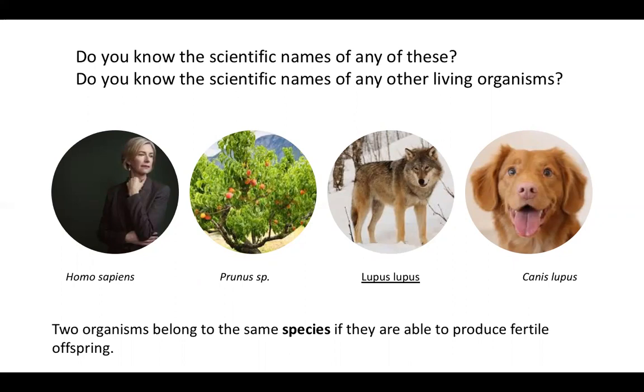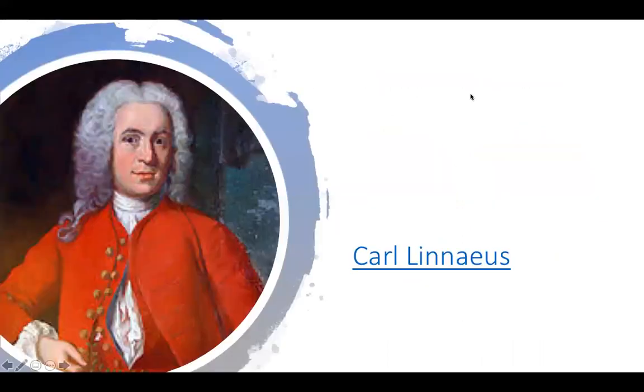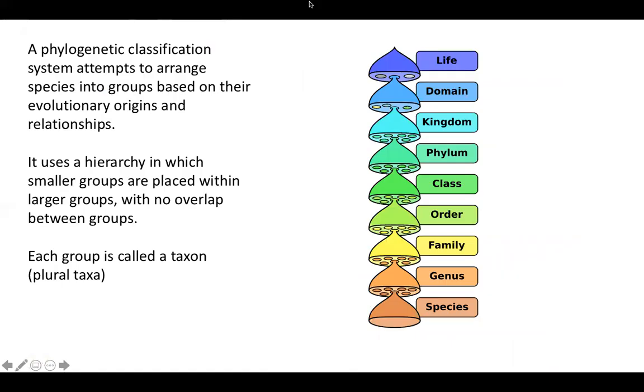So if you're writing an essay and you wanted to write lupus lupus, you would simply underline them. The genus name would have a capital letter, so that's the first name, and the second name, the species name, would have a small letter. Okay, and that's the binomial system.